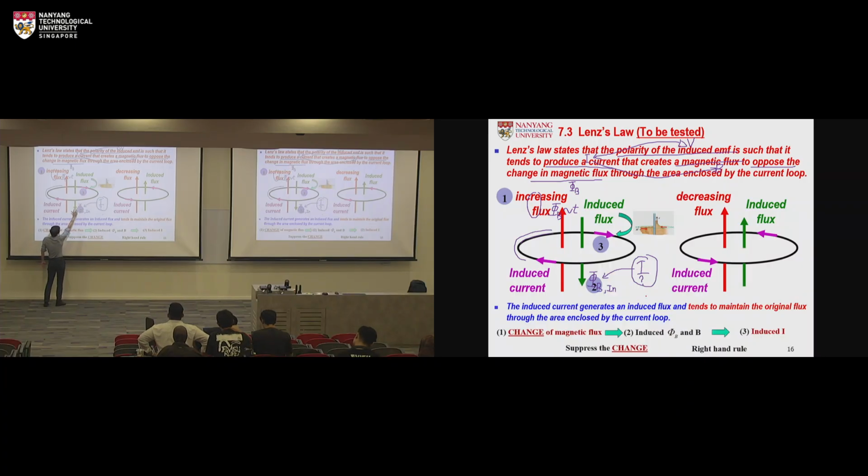So you can reverse it along this direction, and you will find out this I will give you a flux pointing along the right direction as you need. So this is the way eventually you can find out the induced current should be this direction. And this is the final objective, determine the direction of induced current.